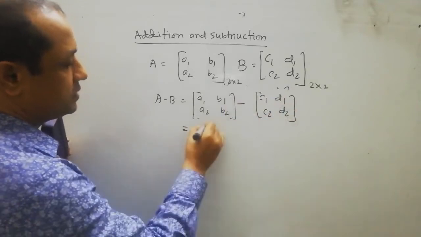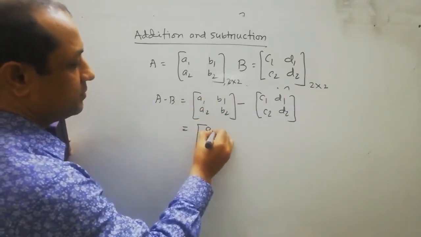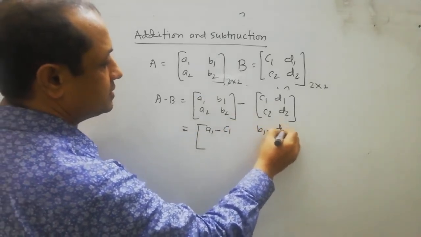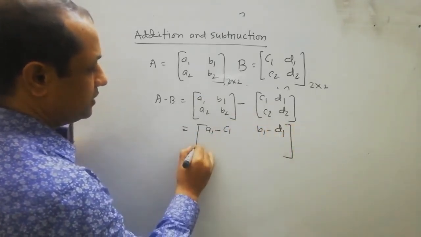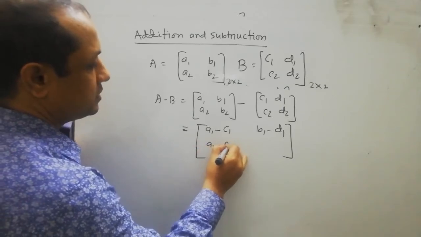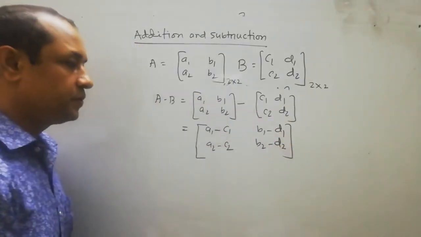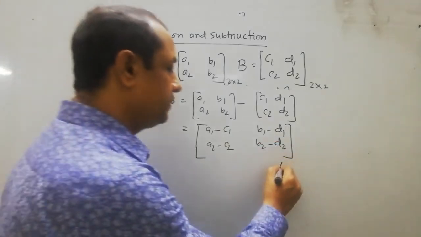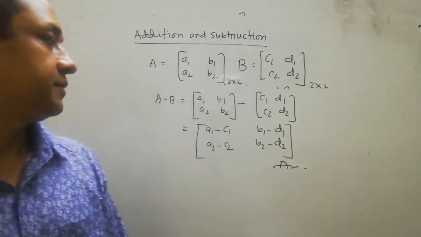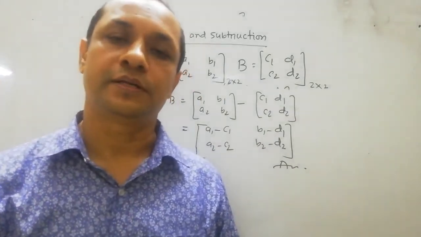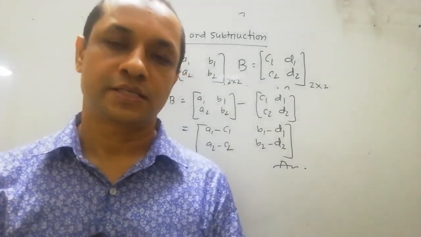So here, students, first entry minus first entry, second entry minus second entry, and third entry A2 minus C2 and B2 minus D2. So this is the answer. I hope that students, you are clear about addition and subtraction.